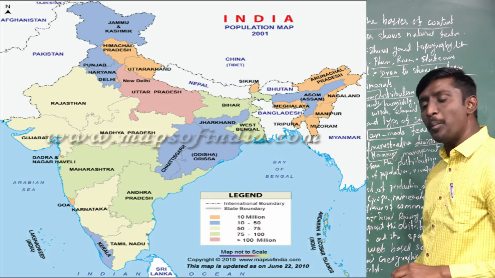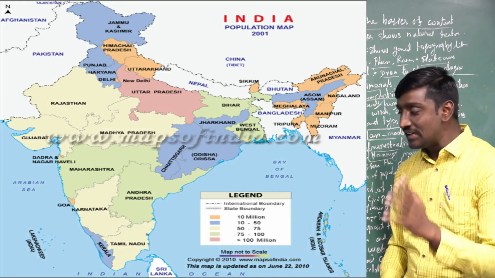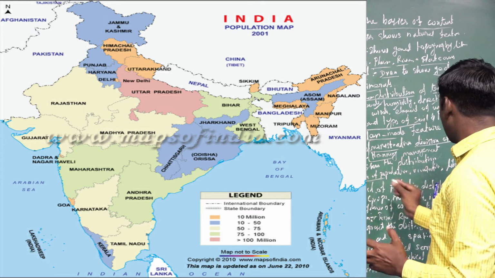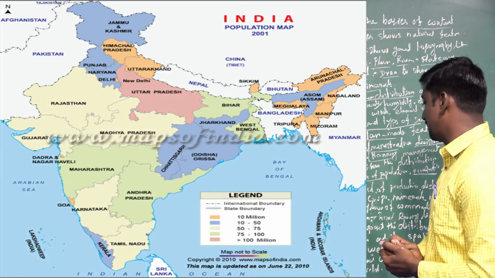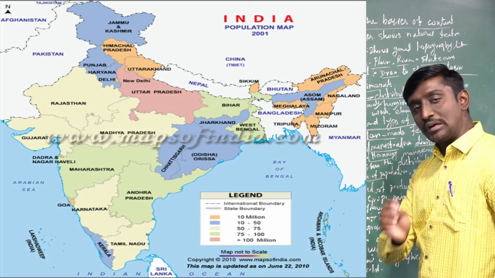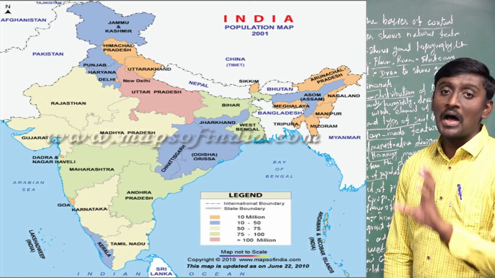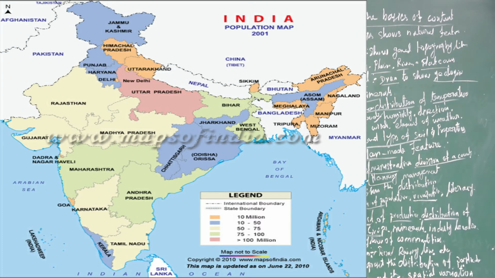And next, population map. A population map shows the distribution, density and growth of population and literacy. And next one, economic maps.